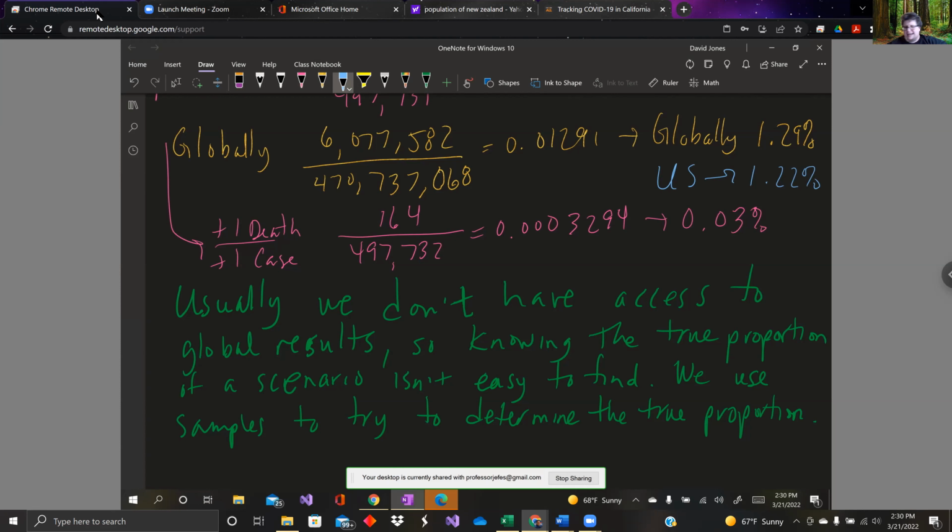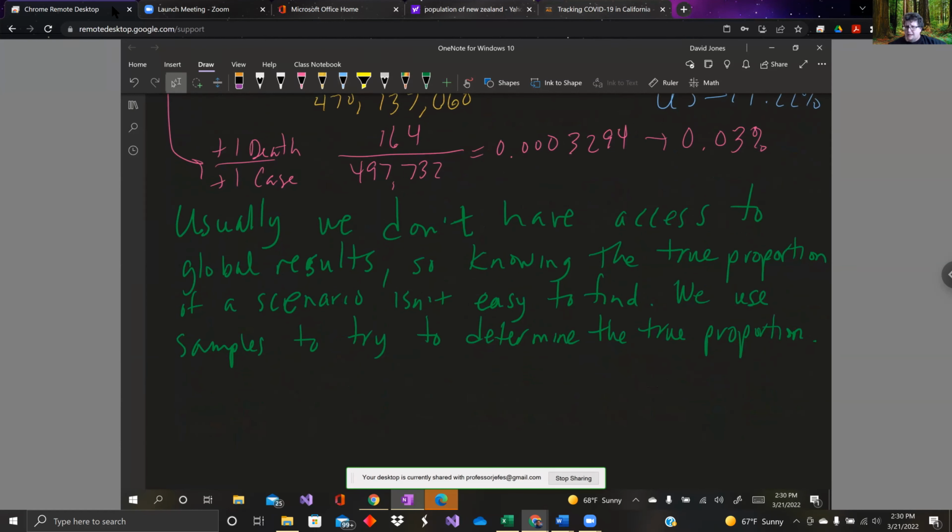But again, that's collecting results from 79.7 million cases. That's a lot of cases, so it's easier to gather the data. The data was collected because it was a global pandemic and it mattered to save lives. Generally, we don't have that.